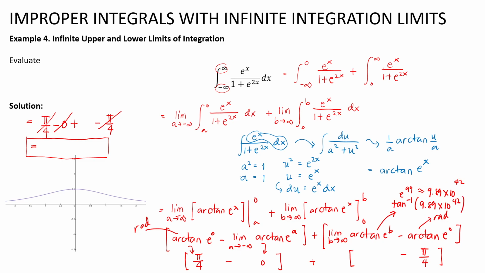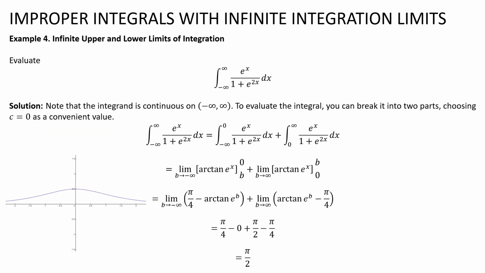Again, take note that this should be in radian mode. So this will give you pi over 2, and the answer is pi over 2. So this one converges. So this is the answer.